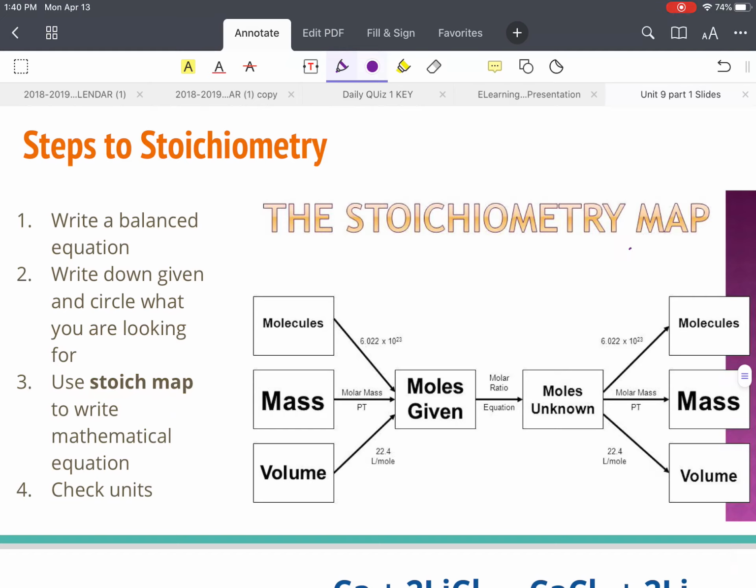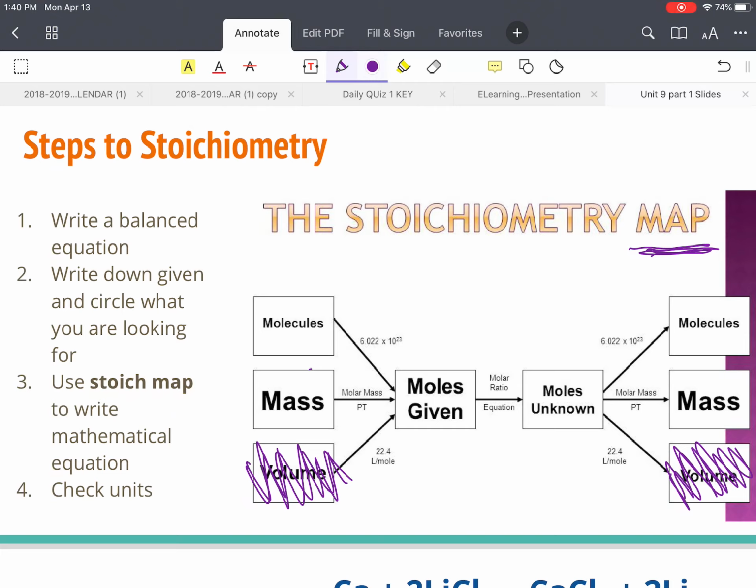All right, so here we have what we call our stoichiometry map. This is like your stepwise process, just like we had our mole map where we could go from mass to moles or moles to molecules. Our stoichiometry map is like we put 2 mole maps together. We're not going to worry about volume, so we can cross that out right there.